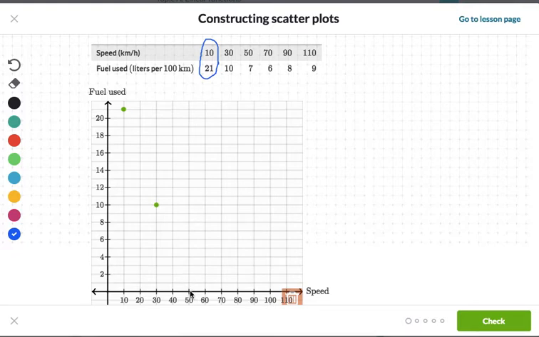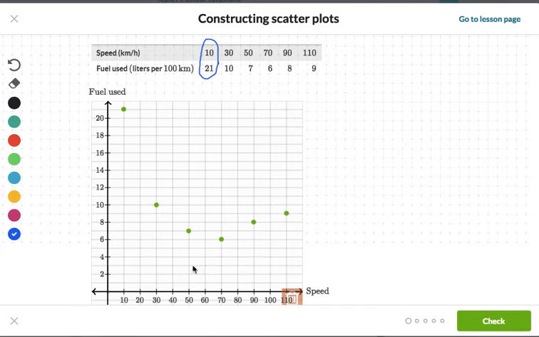So 50 kilometers per hour is 7 liters used. 70 kilometers per hour is 6 liters used. 90 kilometers per hour is 8 liters used. And 110 kilometers per hour is 9 liters used.